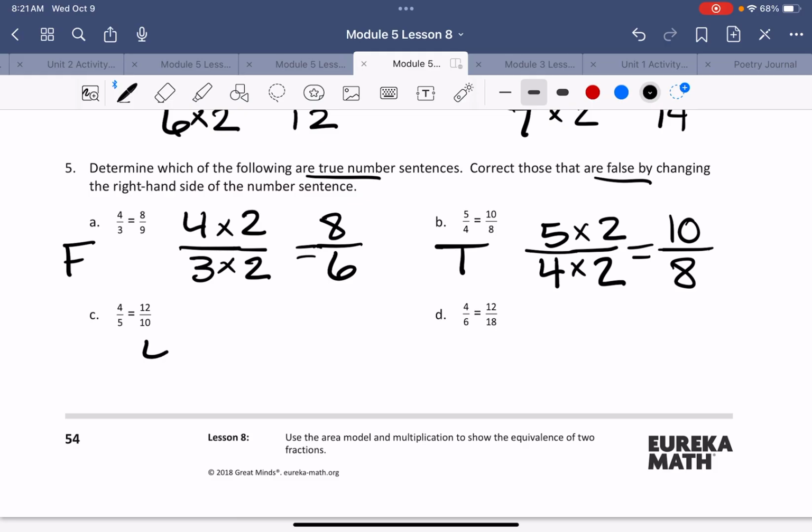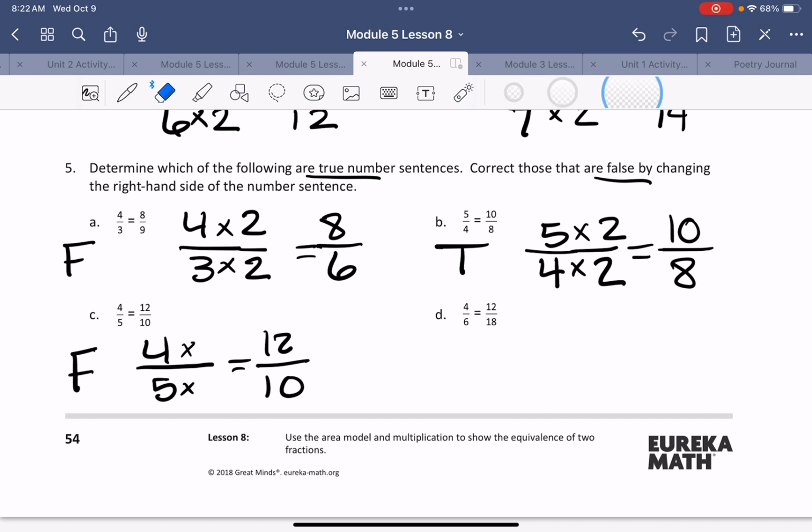Next, if I have 4/5, and I times it by something to get 12/10. 4 times 3 is 12, but 5 times 3 is not 10. So this one is false. What it should have been is 4 times 3 is 12, 5 times 3 is 15, not 10.